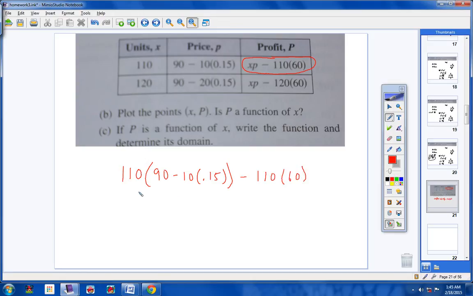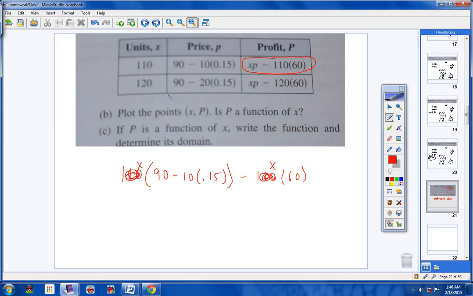Of course, where the 110 is, you can put your x there, and then have your function, and then you can put any number in for x that you wanted to. To me that was more just like copying what you've already done, in my opinion.